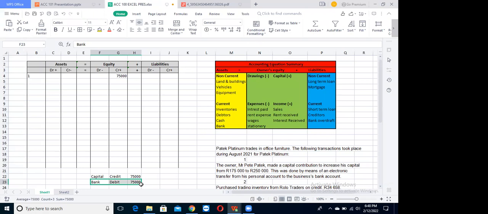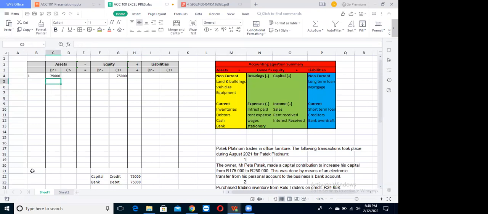So we navigate to find the bank account, and we see that it is under current assets because the bank is a current asset to the business. So we are supposed to debit it with 75,000 rand. We go to the debit side of the assets and add our 75,000.